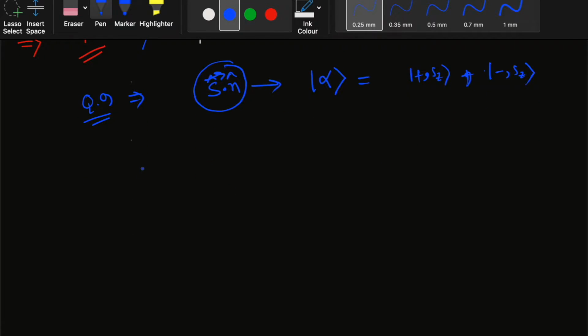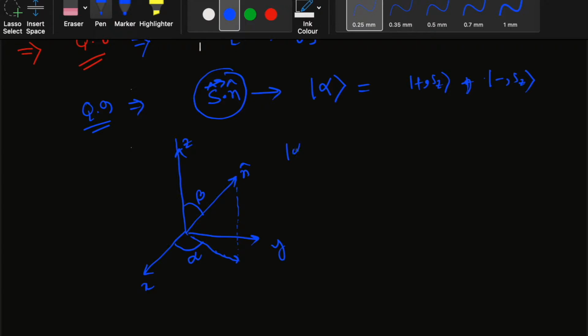First recap this. Here n cap is a unit vector; this is the z axis, this is the x axis, and this is the y axis. This n cap has a projection on the xy plane. This projection makes an angle alpha with the x axis, and n cap makes an angle beta with the z axis.